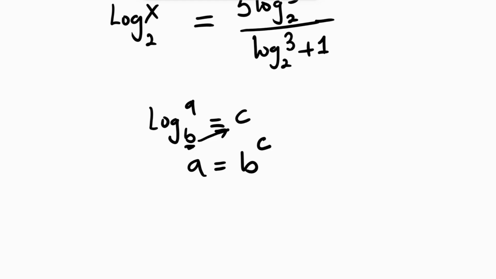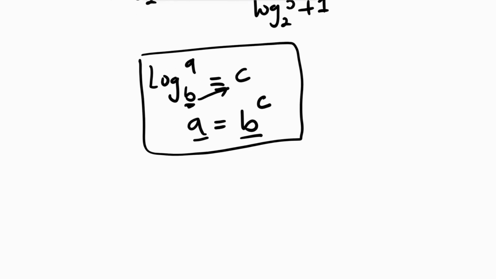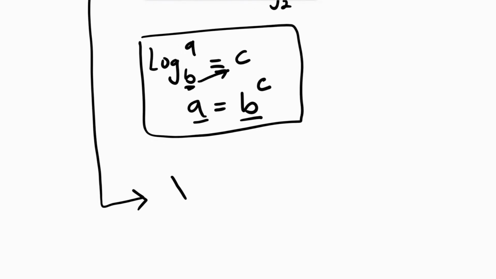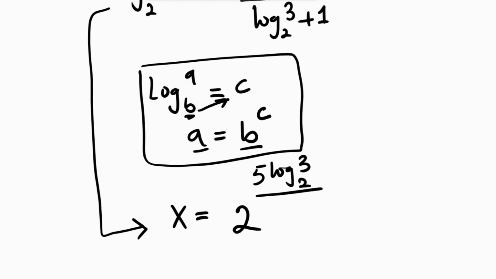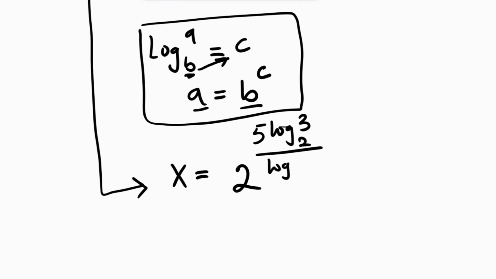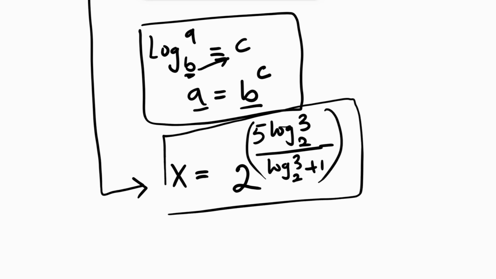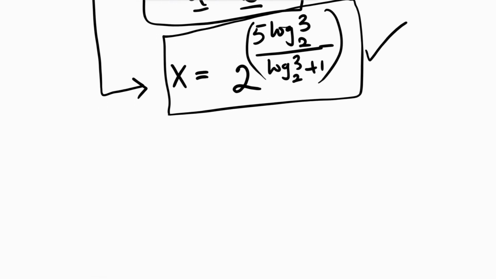Therefore, our equation here now becomes x equals 2 raised to power 5 log 3 base 2 divided by log 3 base 2 plus 1. So now this is our final answer.